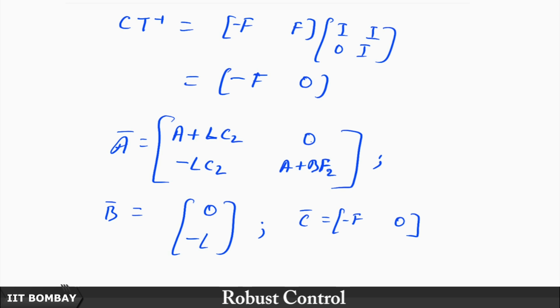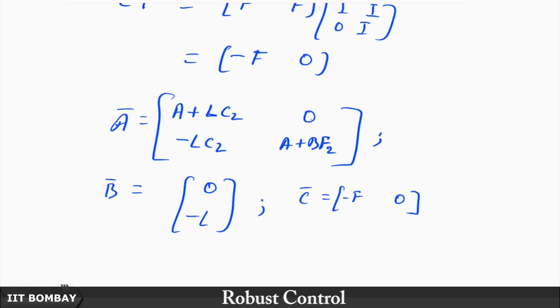If you now try to check, it is a matter of routine check. If you check for this sort of structure, it is a block triangular structure that you have here. So you see that no matter what inputs you apply, none of these first n states are going to be influenced by it, and no matter what happens to the last n states, they are not going to be reflected in the output.